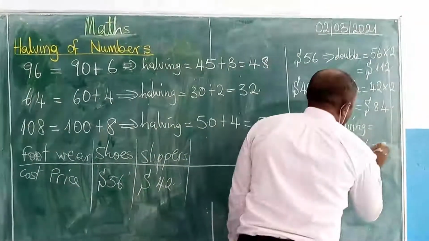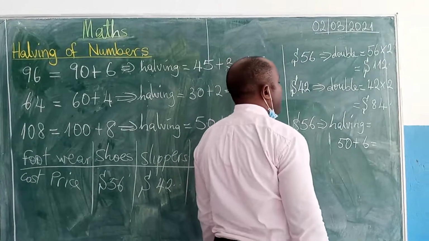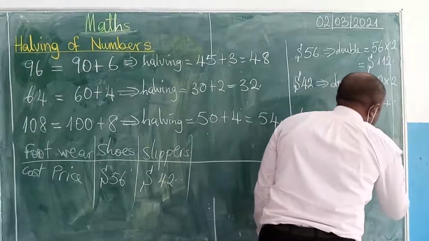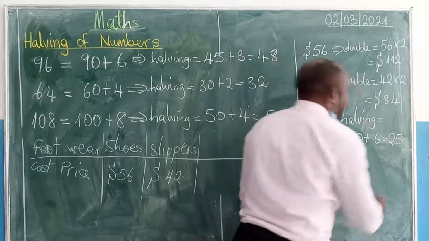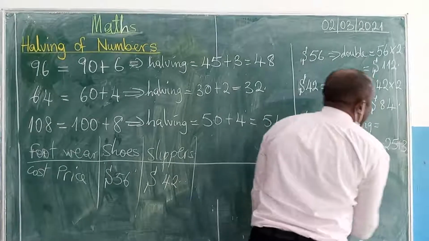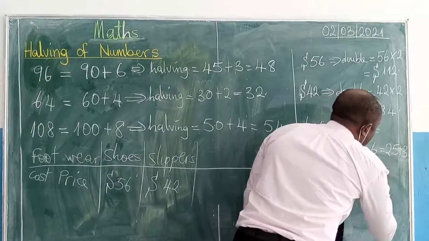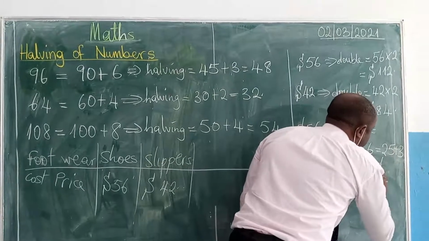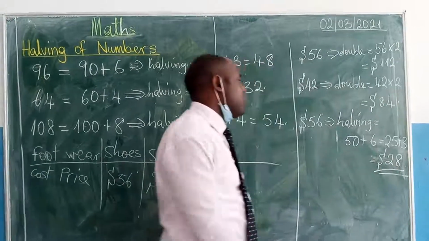And the half of 50 is 25, and the half of 6 is 3. So 25 plus 3 is 28. So we have $28.